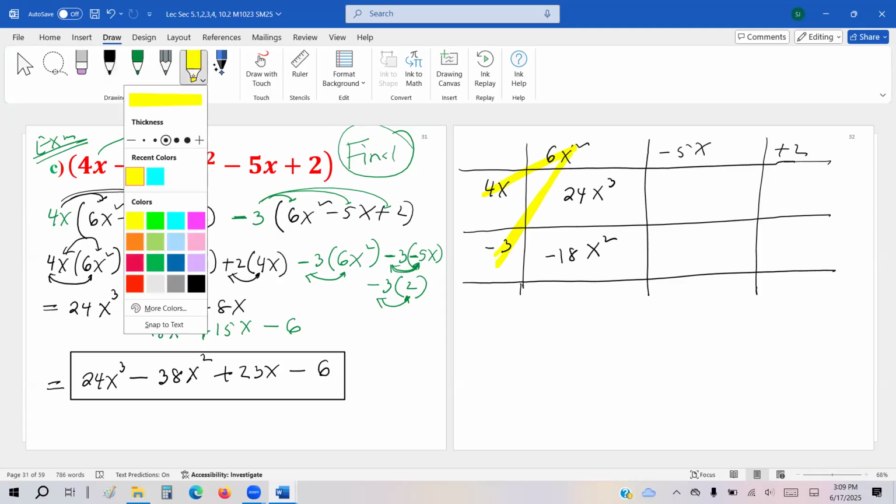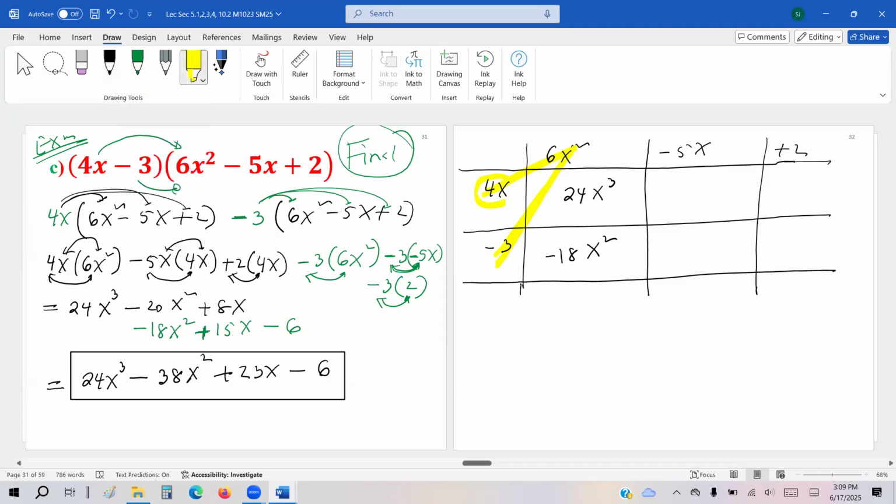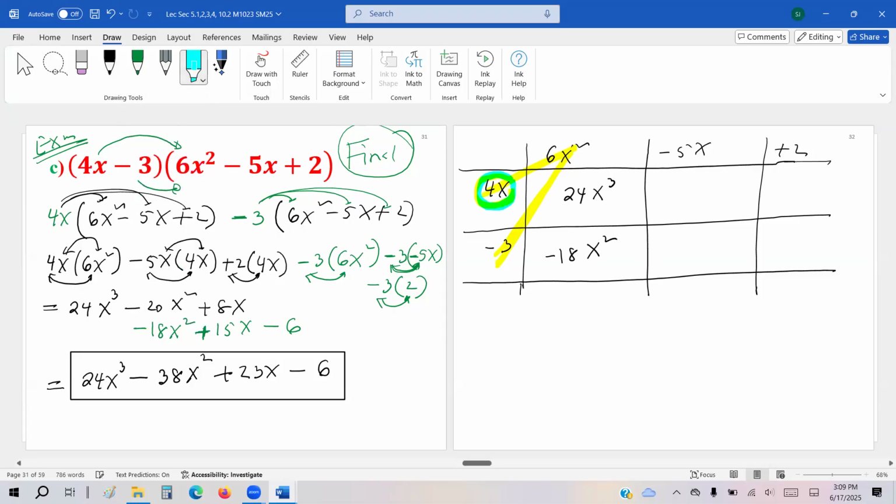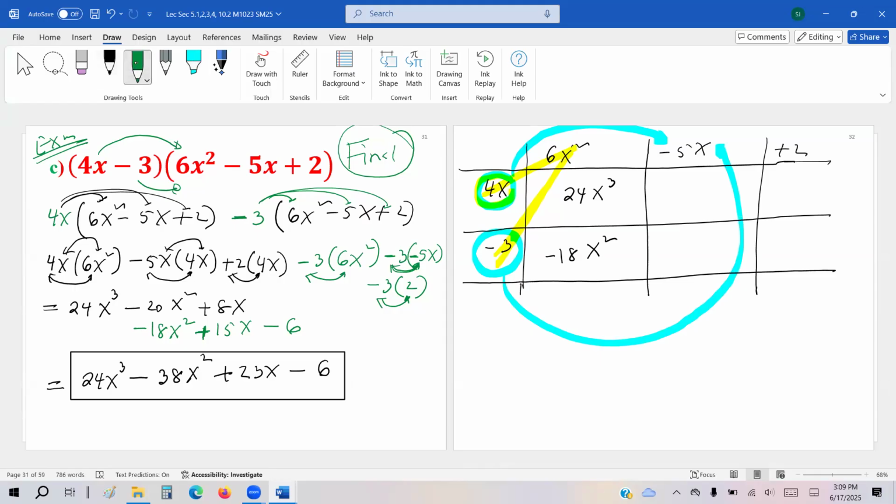And then you go to the next box. This times this, and this times this. So 4 times negative 5 is negative 20. x times x is x squared.